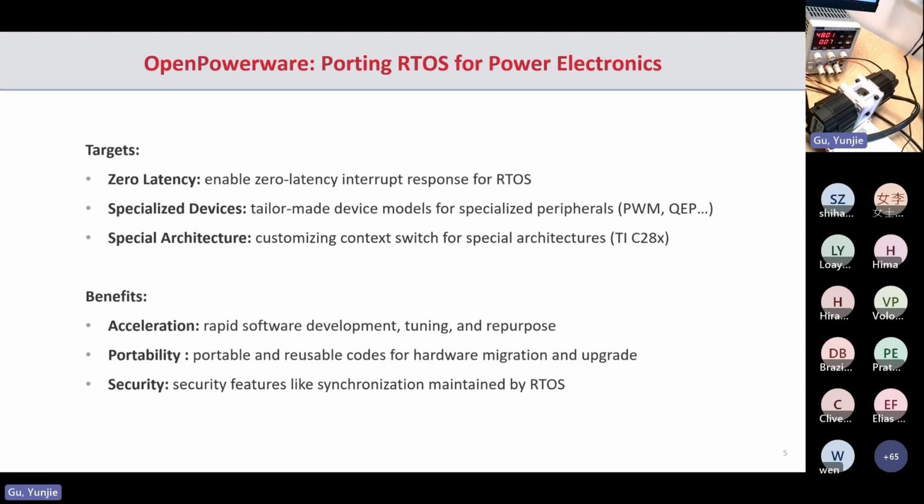We have selected RT-Thread to be the first try to achieve this target because of the fantastic ecosystem and community of RT-Thread. In this presentation, I'm going to introduce our recent effort in porting RT-Thread to make it suitable for electronic control.